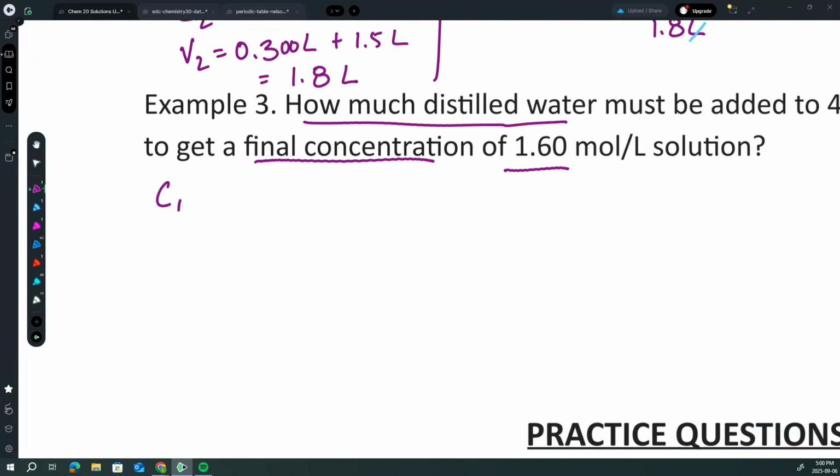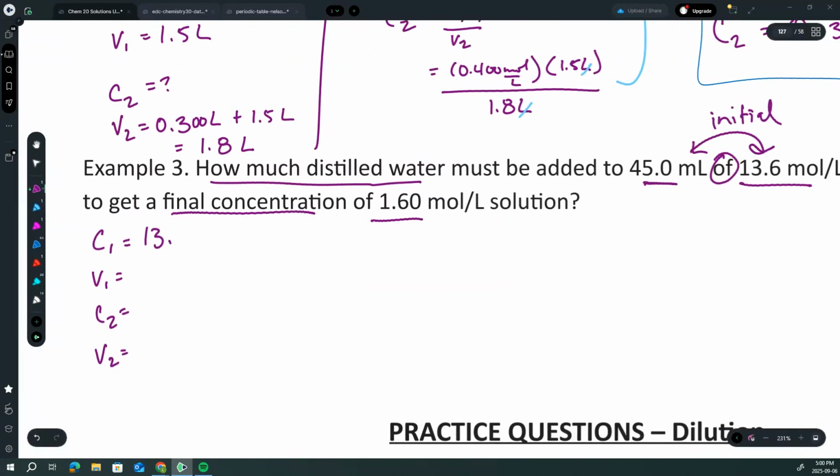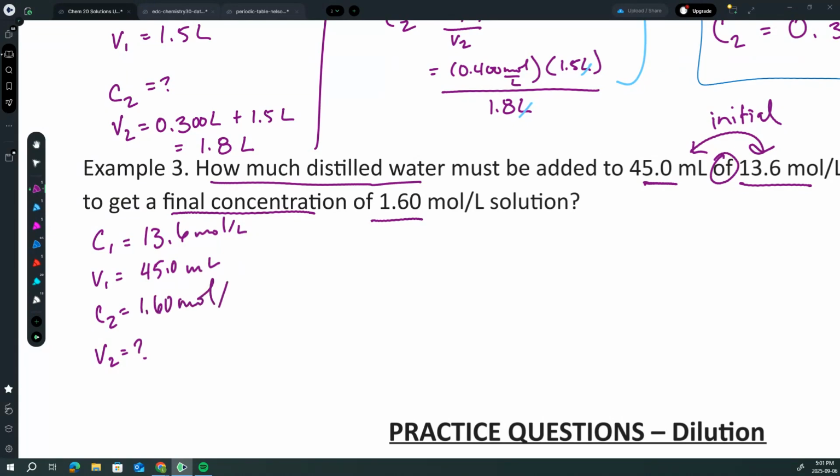So I'm just going to start off with my list of givens, and then I'll show you how this question's going to differ. So our initial concentration was 13.6 mole per liter, 45 mils, and volume we have no clue, 1.6 mole per liter.